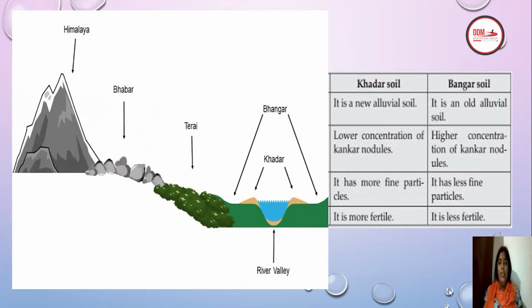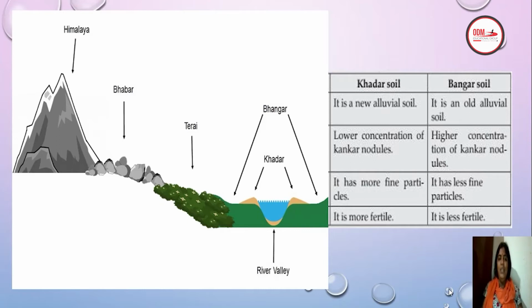So here we have already studied Khadar and Bhangar. This question also comes from this portion: what is the difference between Khadar soil and Bhangar soil? See, as you can see from the picture, as the river flows from the Himalayas, it crosses various paths.